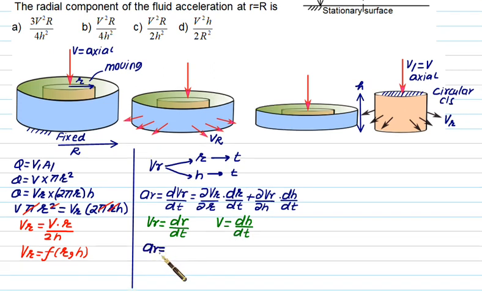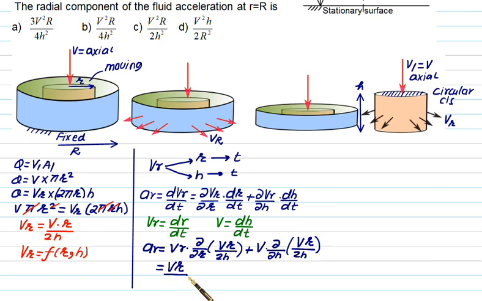So radial acceleration is equal to dr by dt, which is VR, into del R of VR. But VR is equal to V into R divided by 2h, plus dh by dt, which is the same as V, into del h of VR, which is again V into R divided by 2h. So the radial velocity we replace as V into R divided by 2h.